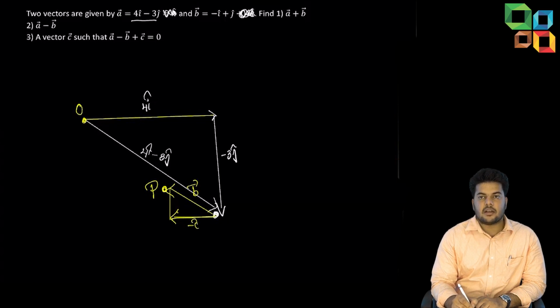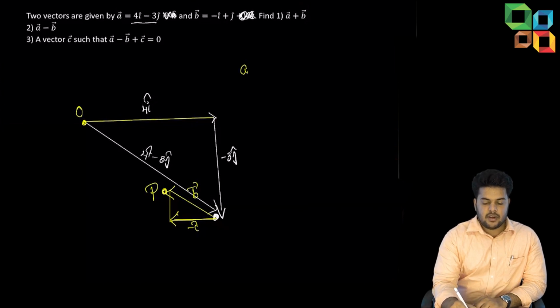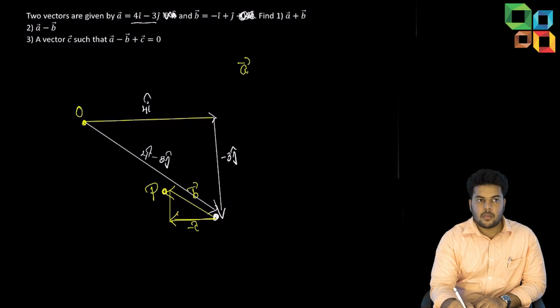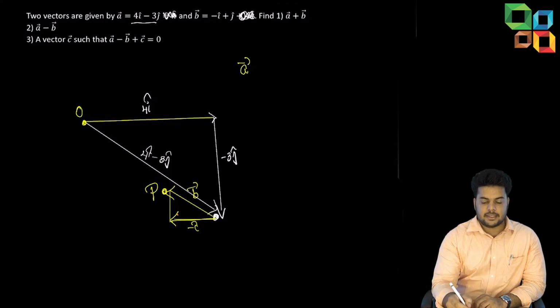So what is the total number of steps that you walked? 3. Correct? Not 3j, 3i. Total steps walked to the right.